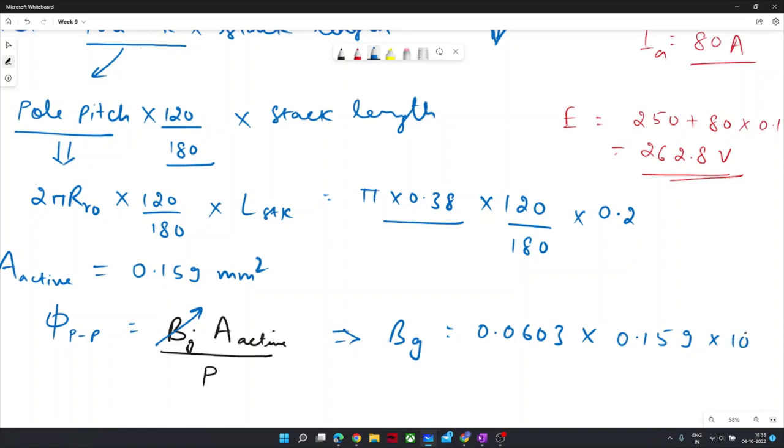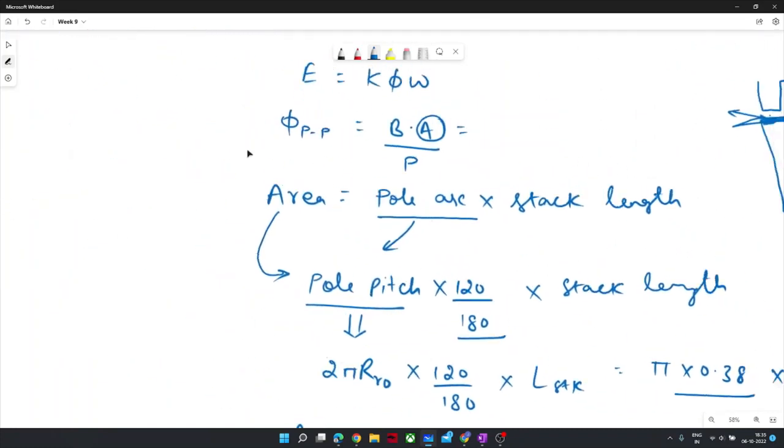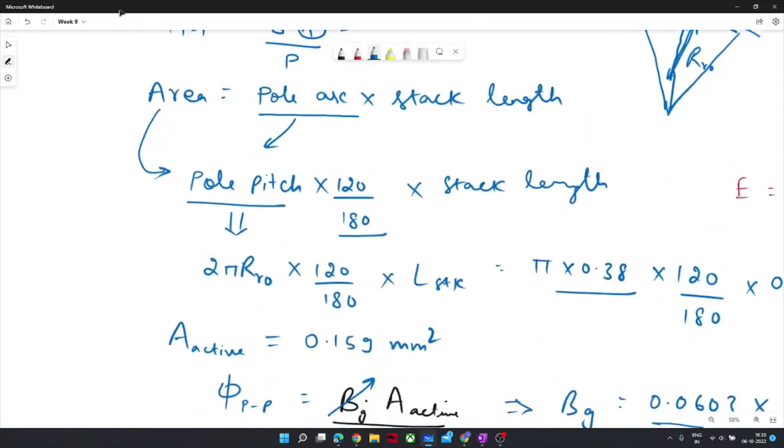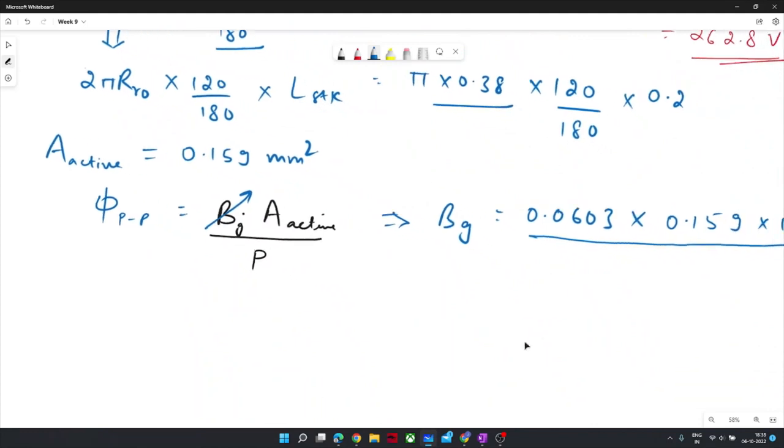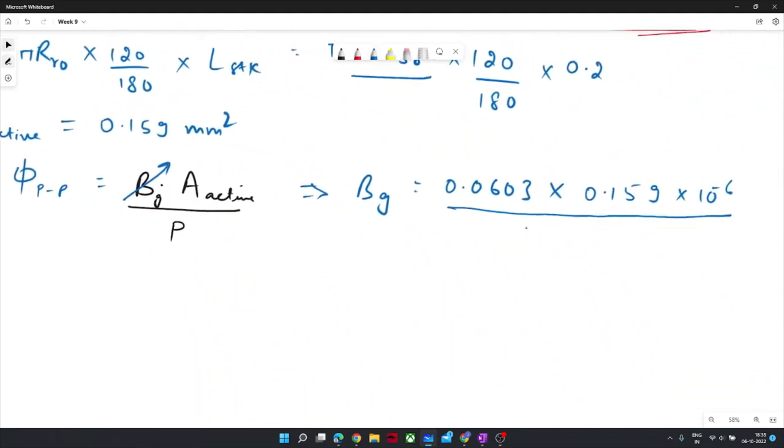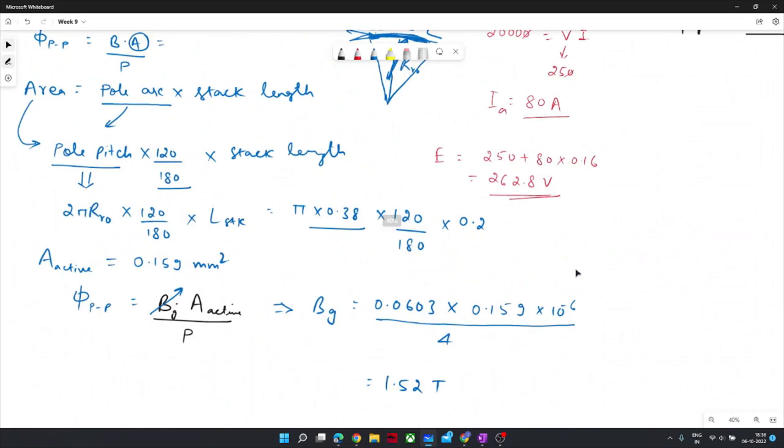To compute in proper unit, mm square to convert to meter square, that would be 10 raised to power minus 6, divided by number of pole that was given, 4 pole. So it will be divided by 4, and this Bg value will come out to be 1.52 Tesla. So this is all procedure how to compute air gap flux density.